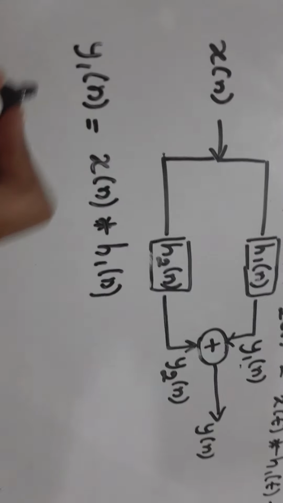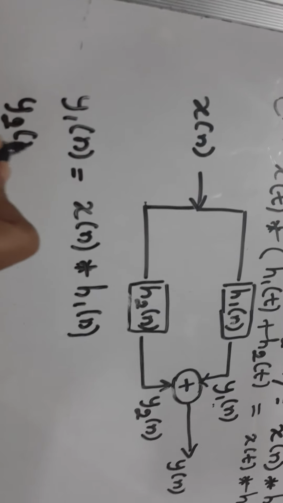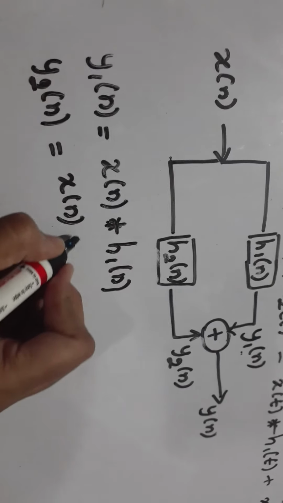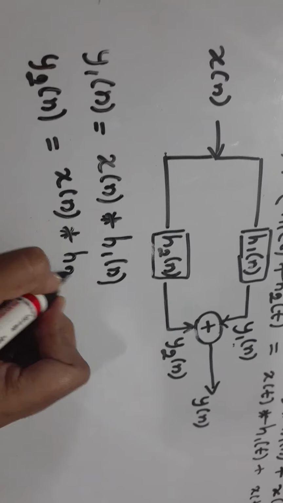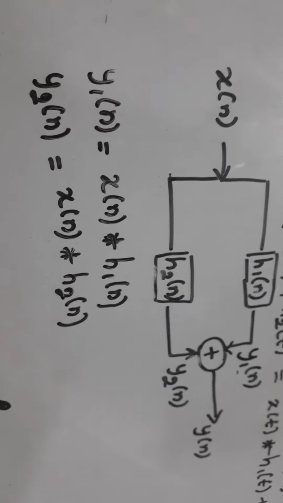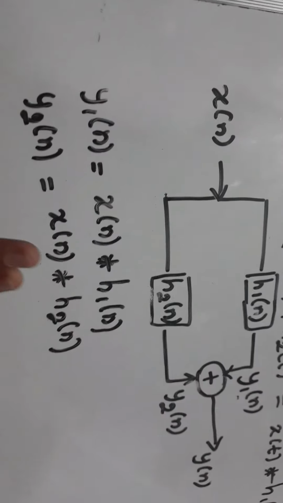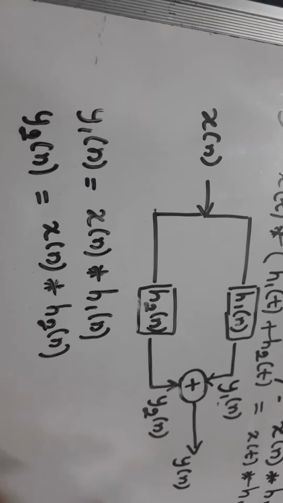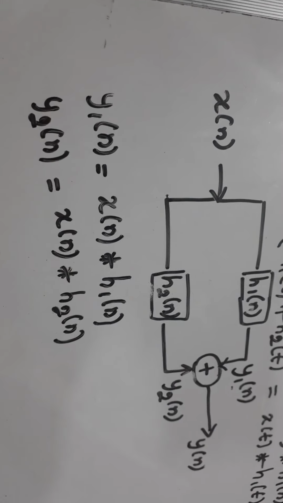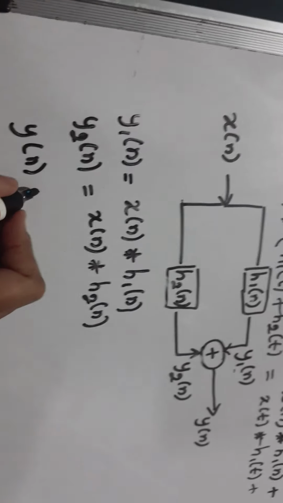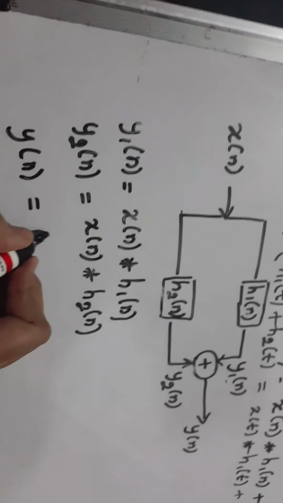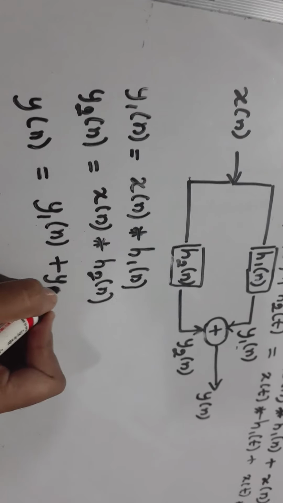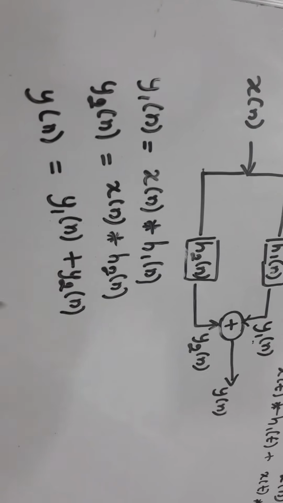Similarly, how to write y2? y2 of n is x of n convolved with h2 of n. According to the block diagram, we have written these two equations. And finally, what is y of n? y of n is equal to y1 of n plus y2 of n.